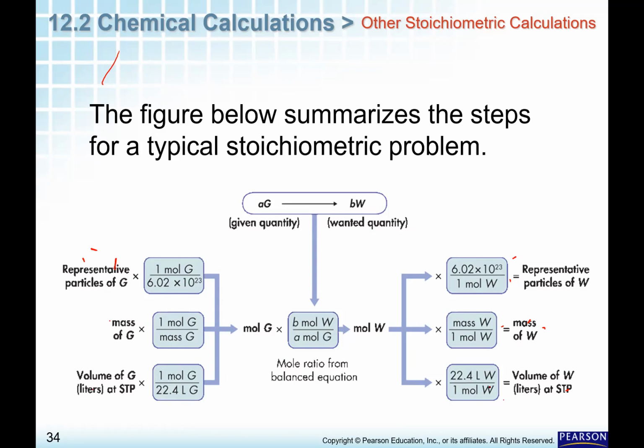And once you get it into moles of G, then you have to go to the other side, which is the moles of W, using the conversion factor from the equation. Once you are here, then you can take it back into whatever the question is asking you. Is it asking you for particles? How many molecules? Is it asking you how many atoms? Is it asking you how many grams?